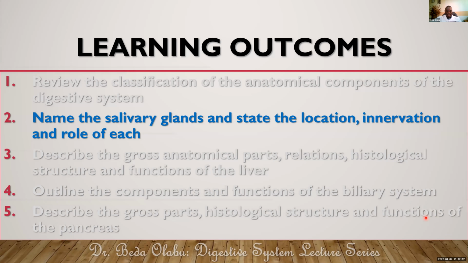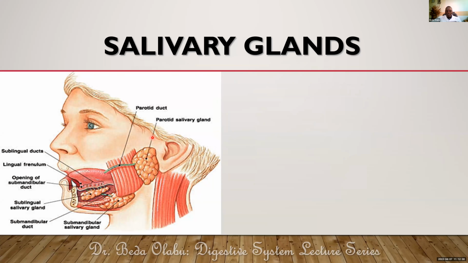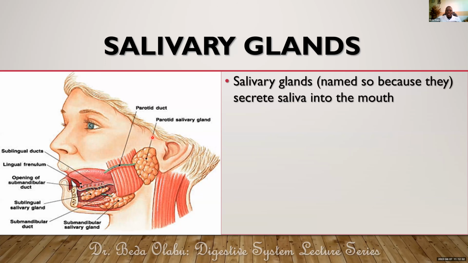Now we can start with the salivary glands, and we aim at looking at the names of the salivary glands and also to state the location of each salivary gland. If you're able to know the nerve supply, it will be good, and the role of each salivary gland. Remember, salivary glands are named so because they produce saliva.